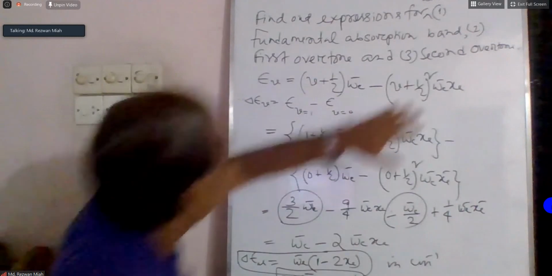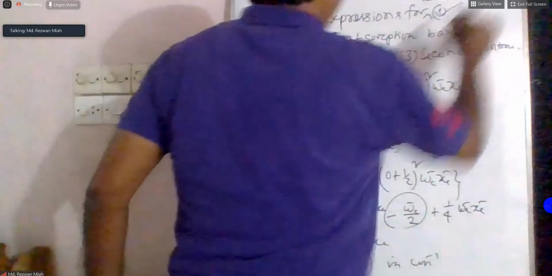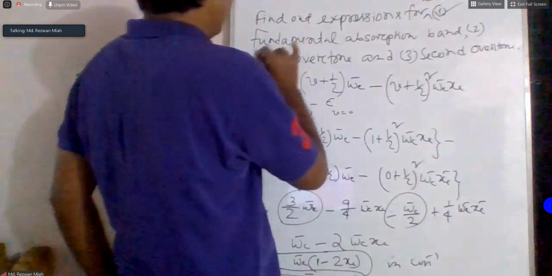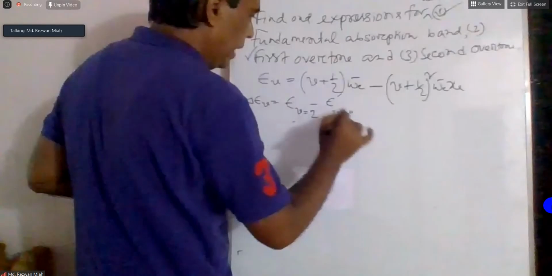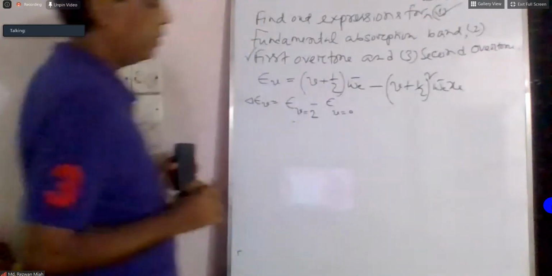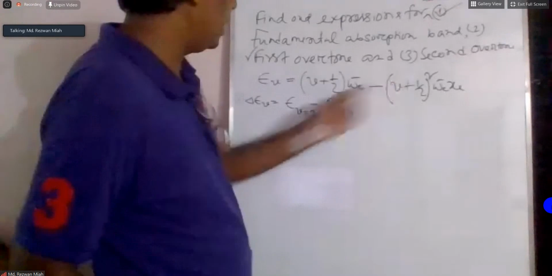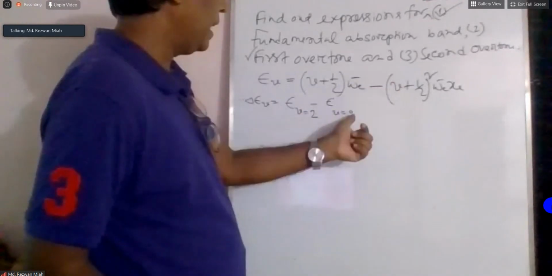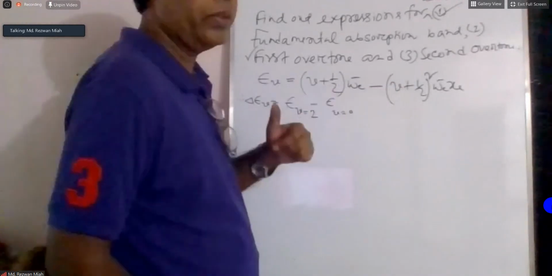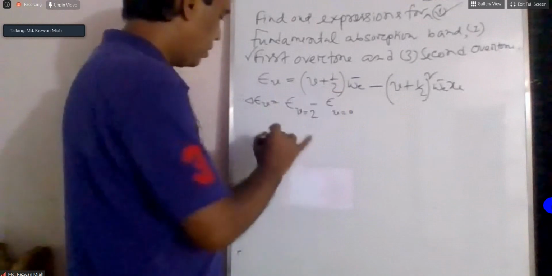So similarly, you can consider the first overtone. In case of first overtone, obviously the energy gap is from level 2 to 0. So student, this time you have to put in this equation nu equal to 2, and in another expression nu equal to 0.